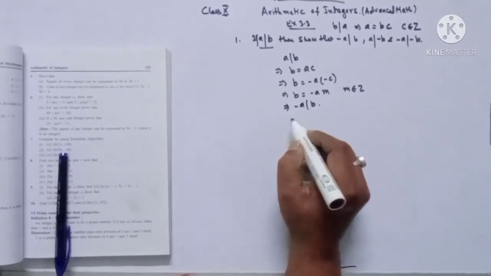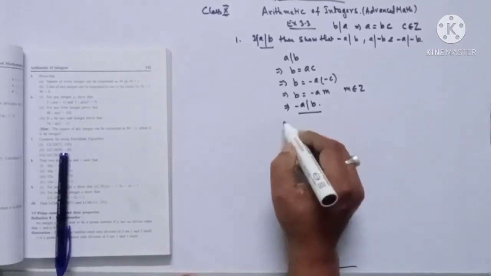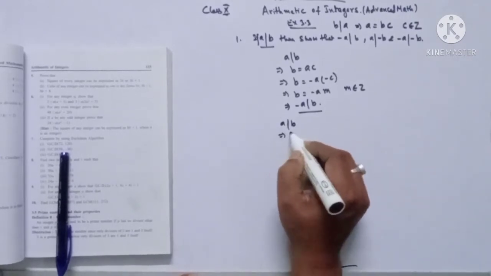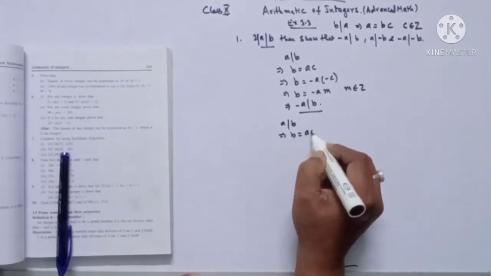Again, A divides B, which implies that B is equal to AC.